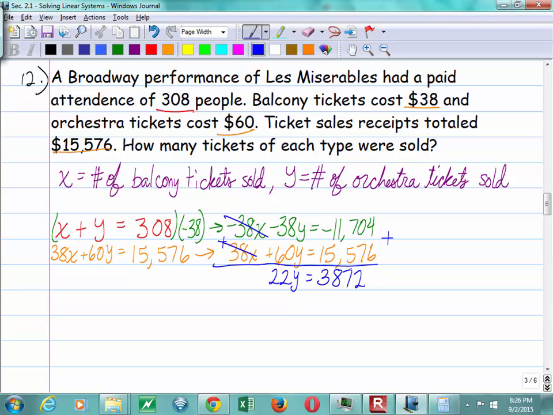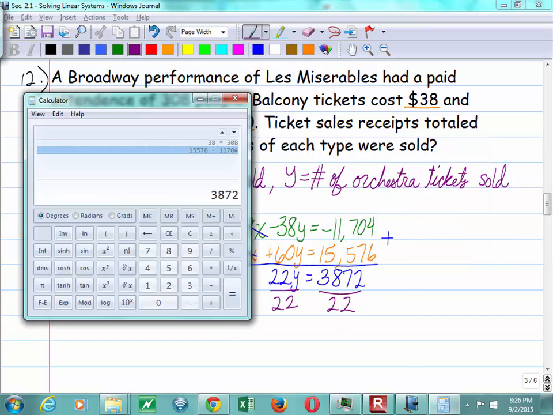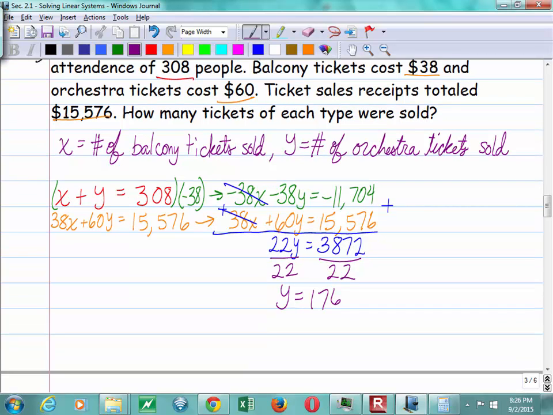And then let's divide both sides by 22. And that gives me 176. So y equals 176.